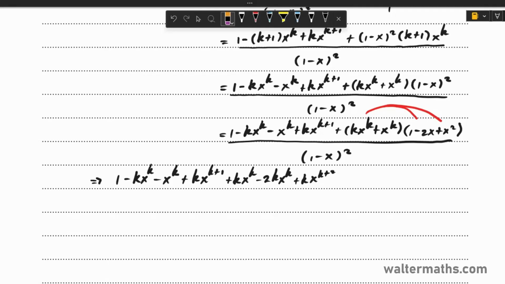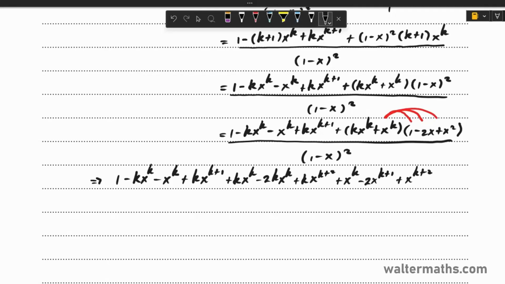Next, x to the k multiplies the second bracket, giving x to the k, and we also multiply the second one and get minus 2x to the k plus 1, and multiplying this we get plus x to the k plus 2.